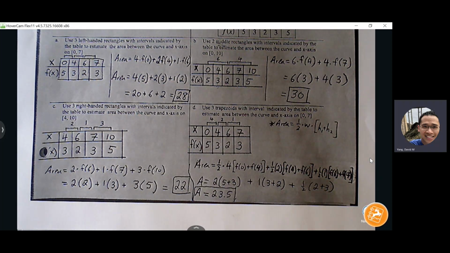So in this case, we don't really see that because there's only 2 heights to choose from. But if my interval is spanning across 4 ordered pairs, I'm only using the heights at the end. Never going to have more than 2 heights associated with each trapezoid area.